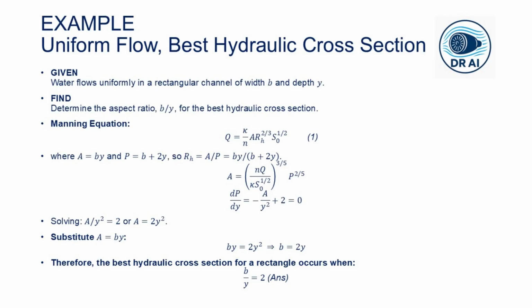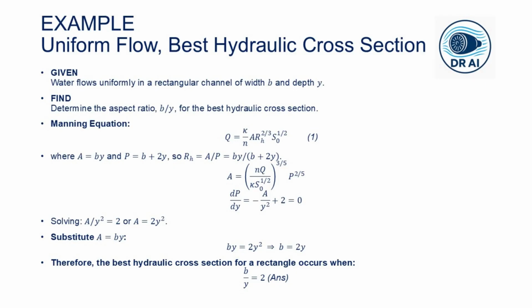If you look back at the Manning equation, you can rearrange it to solve for area as in this particular equation. For a given Q, S naught and n, the term in the brackets is constant. So to minimize the cross-sectional area A, and thus the excavation and lining costs, you must minimize the wetted perimeter P. The shape with the smallest wetted perimeter for a given area is a semicircle, but we often use simpler shapes to build.